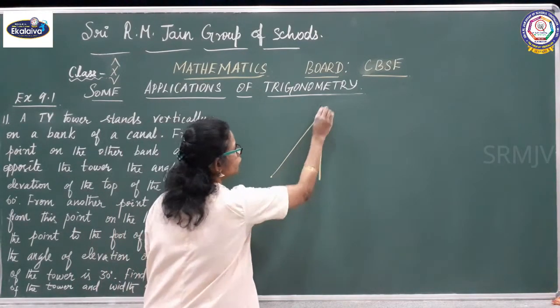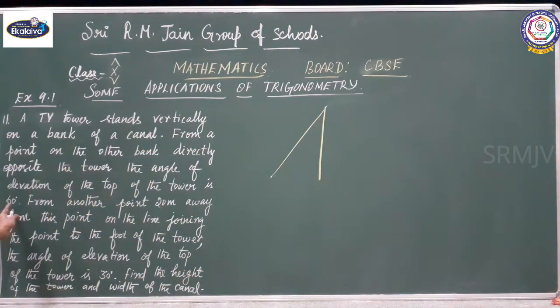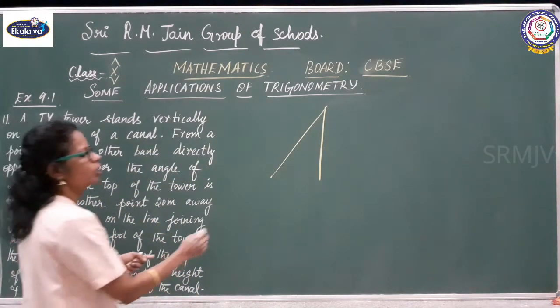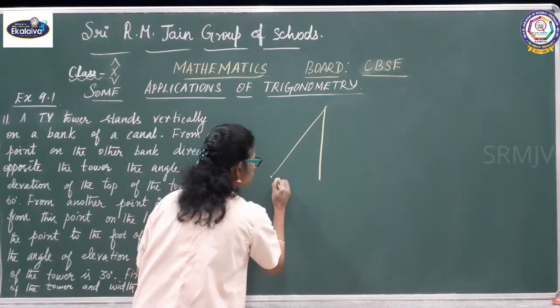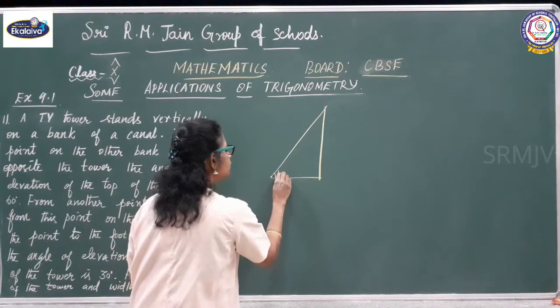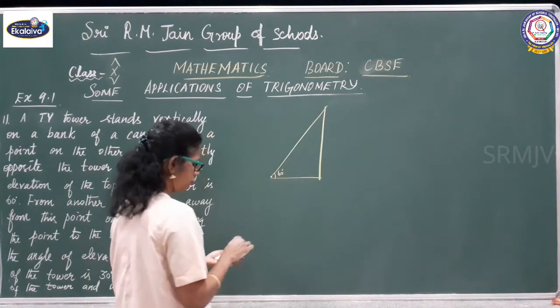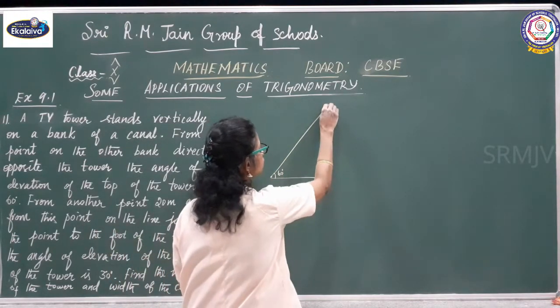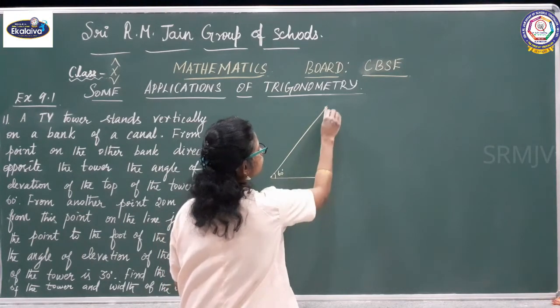Angle of elevation is what they mention, 60 degree, right? You have to connect the top of the, foot of the TV tower and the point, that is 60 degree. This is our TV tower, right?